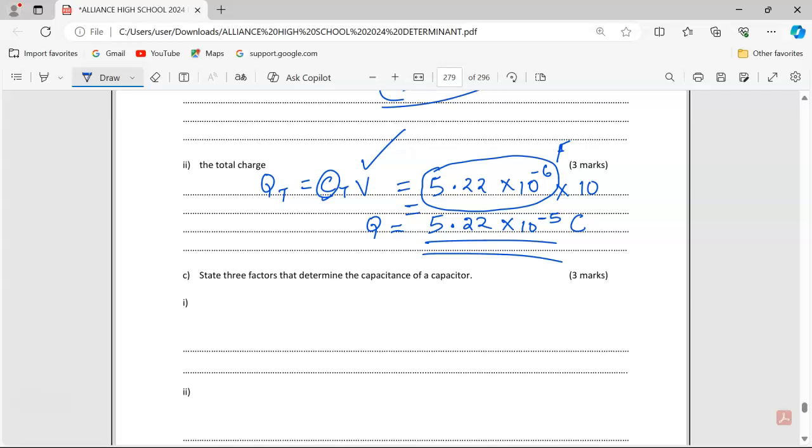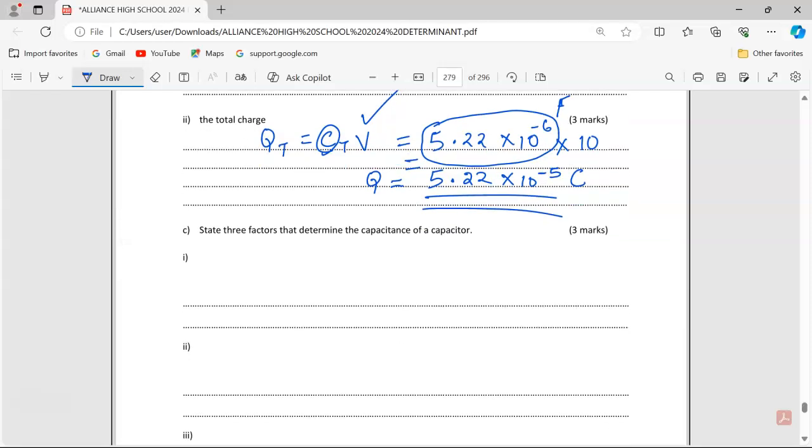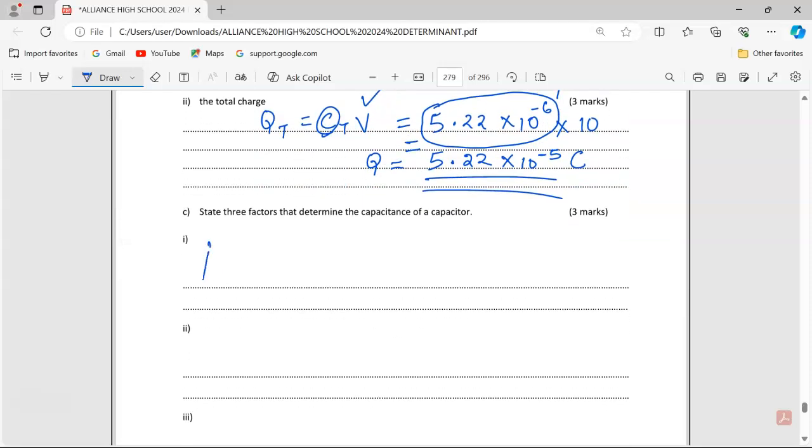Part C: state 3 factors that determine the capacitance of a capacitor. The first one is the distance of separation between the two plates. The other one is the area of overlap.